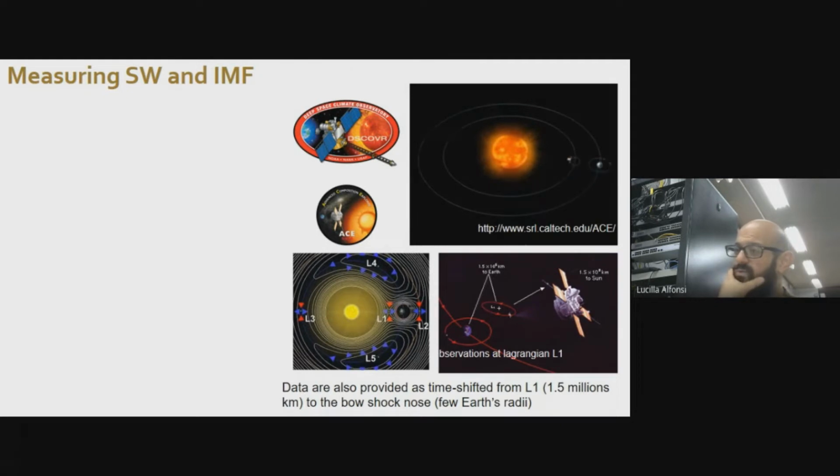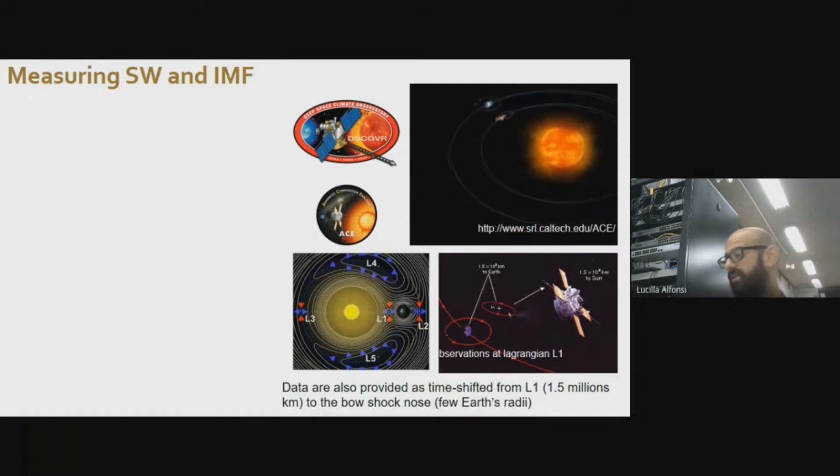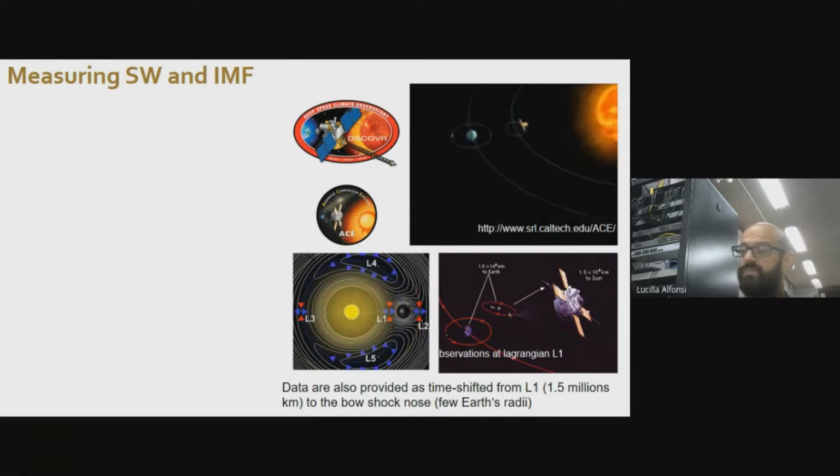So how do we measure the solar wind and IMF? We have satellites in orbit at the L1 Lagrangian point, the point in which the gravitational potential is quite low, almost zero. So the satellite can stay stable at this point, which is always in the direction from the Sun to the Earth.